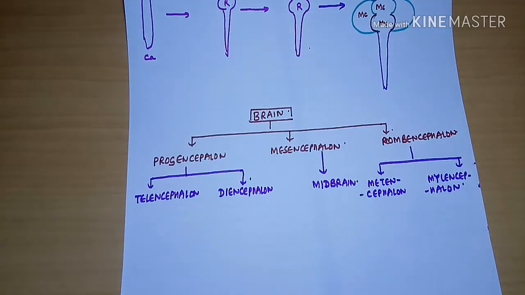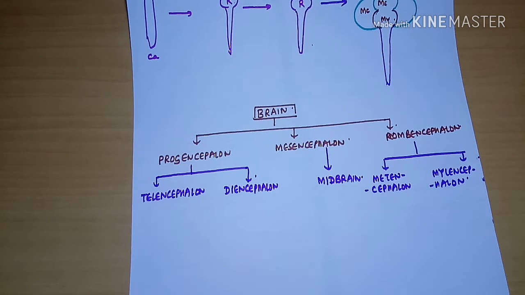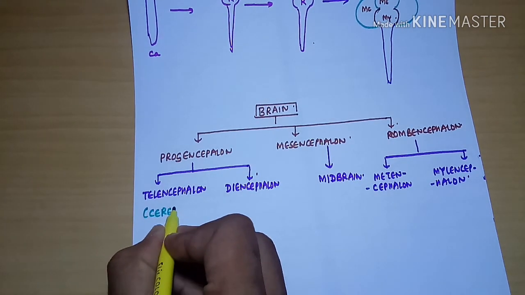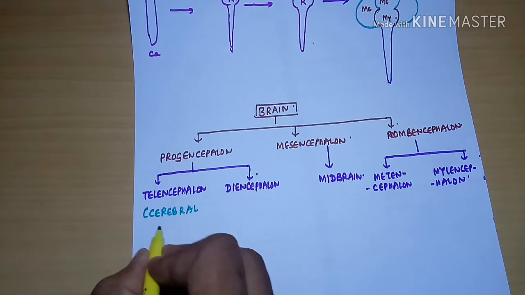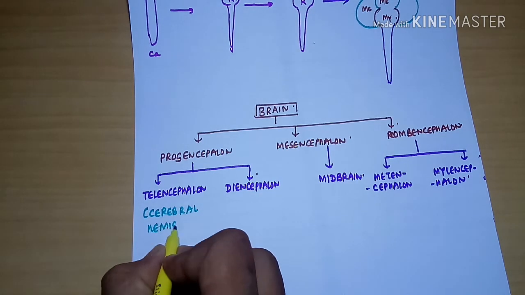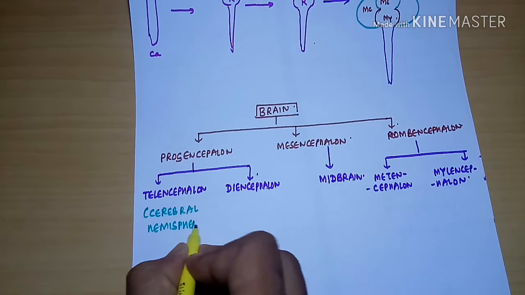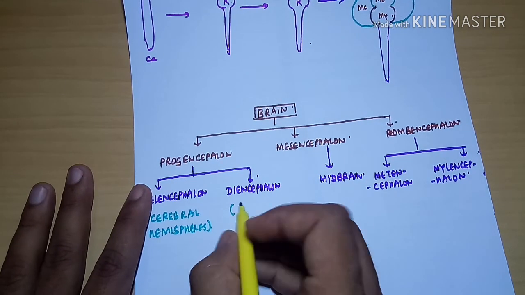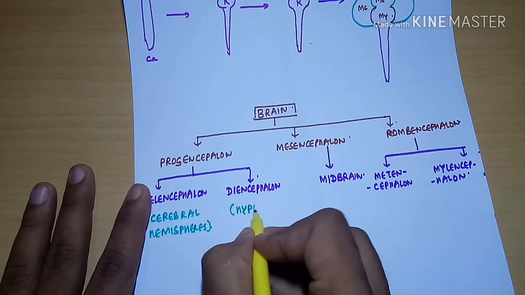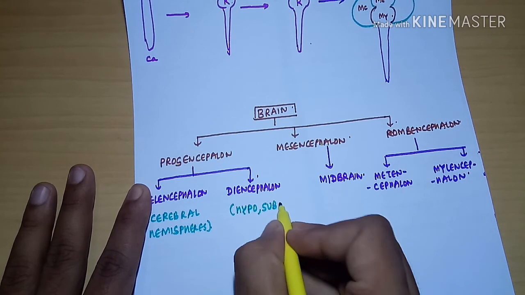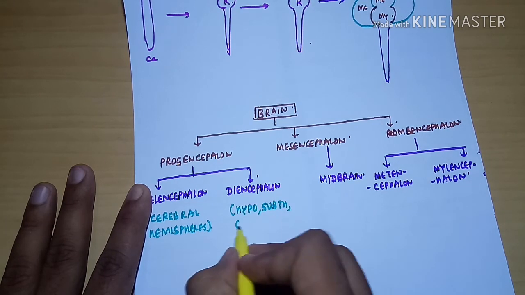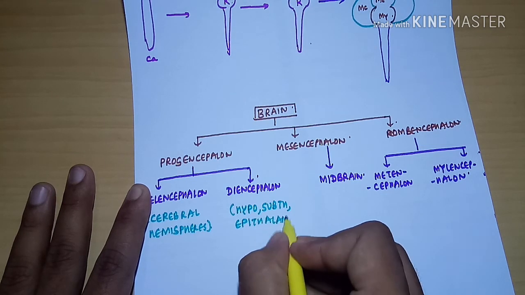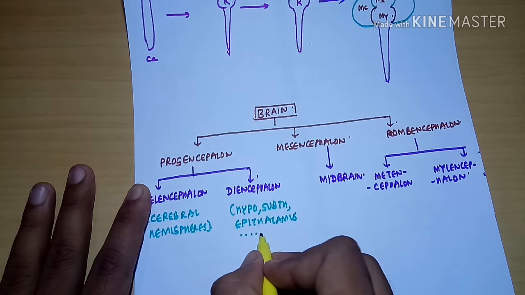From the telencephalon the cerebral hemispheres are formed. And from the diencephalon the hypothalamus, subthalamus, epithalamus and all the structures are formed.